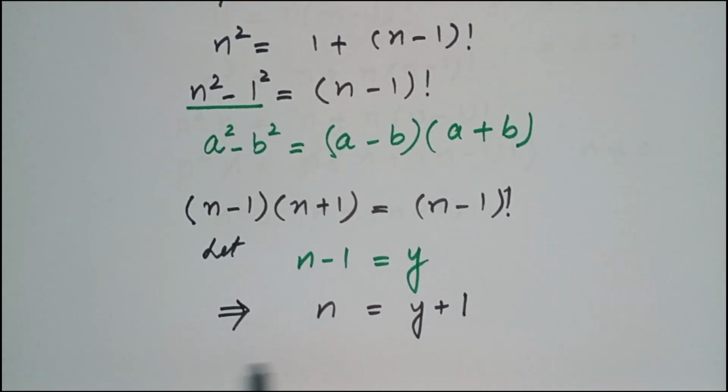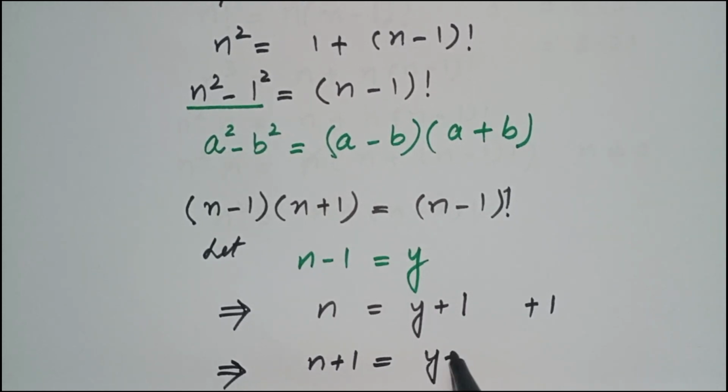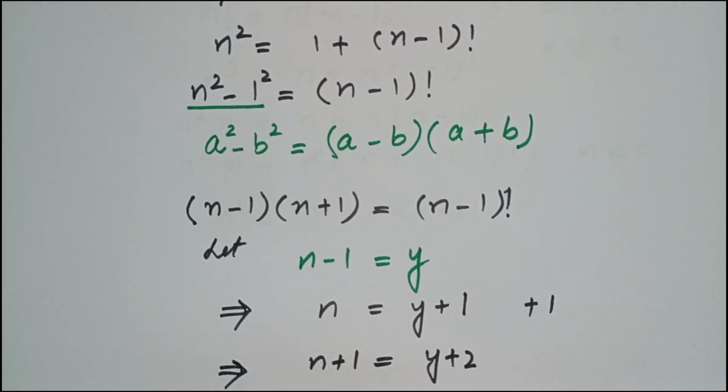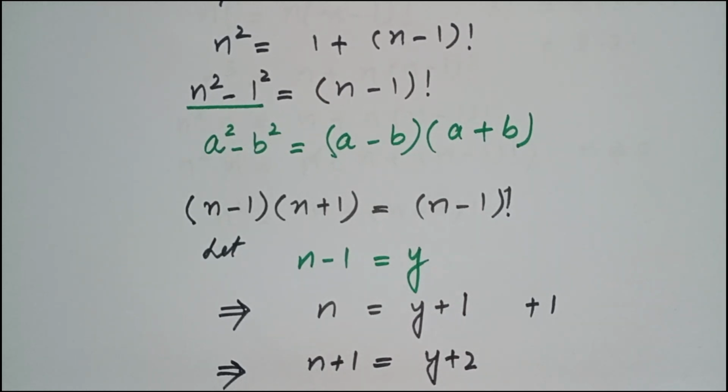If I add 1 on both sides, then I will get n plus 1 is equal to y plus 2. So here I will plug in the values: n minus 1 is equal to y and n plus 1 is equal to y plus 2.